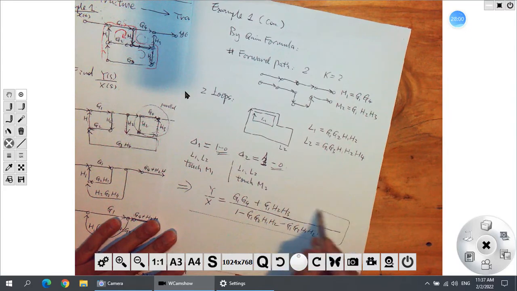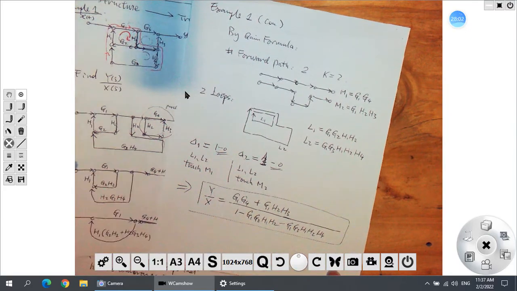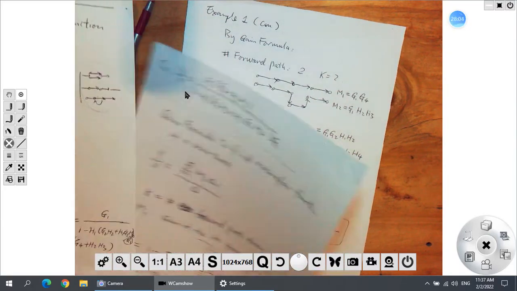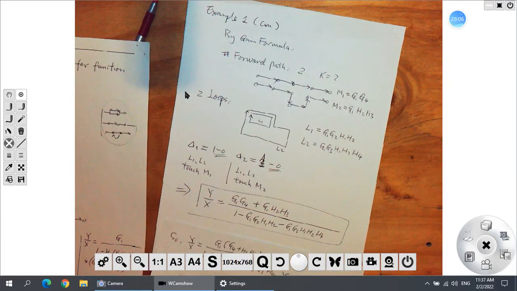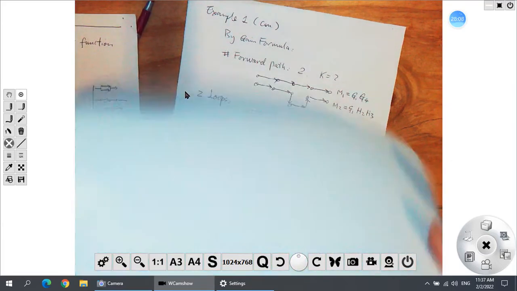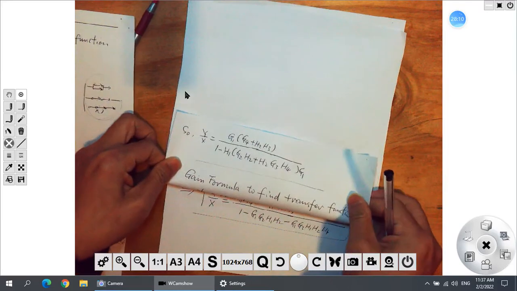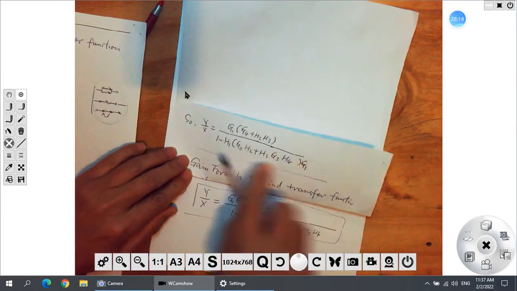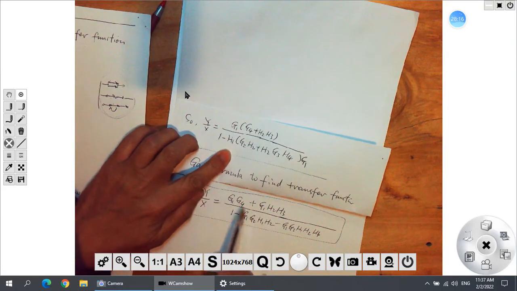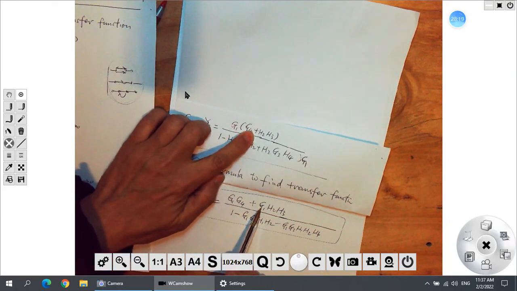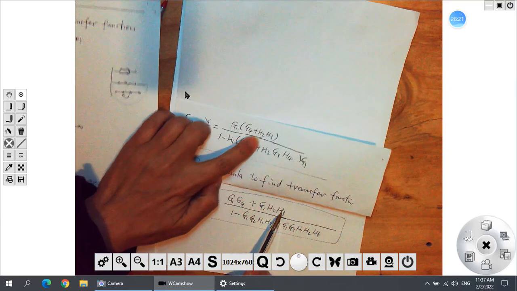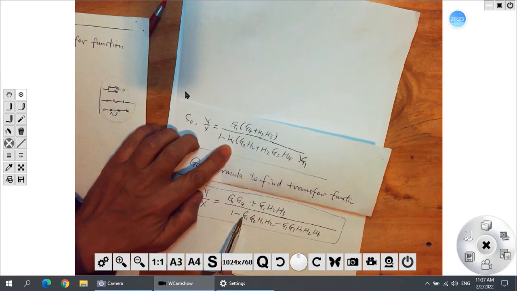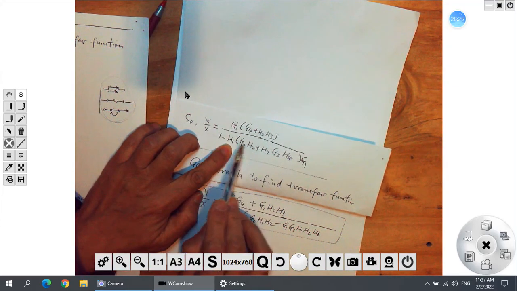And we know it is the same as this result we obtained earlier, right? Are they the same? G1, G4, G1 times H2, H3, and 1 minus H1, H2, G1, G2, right?